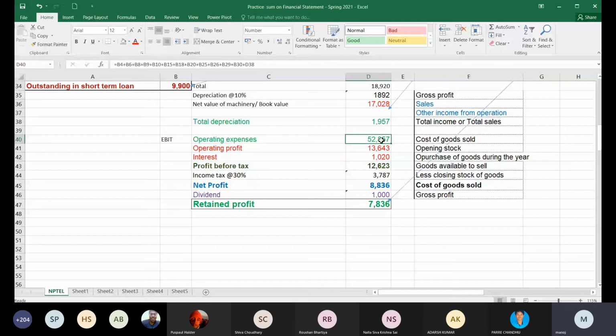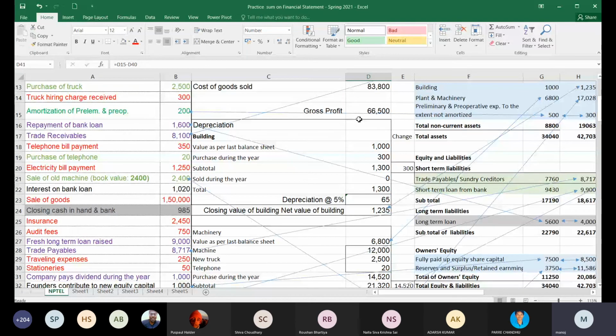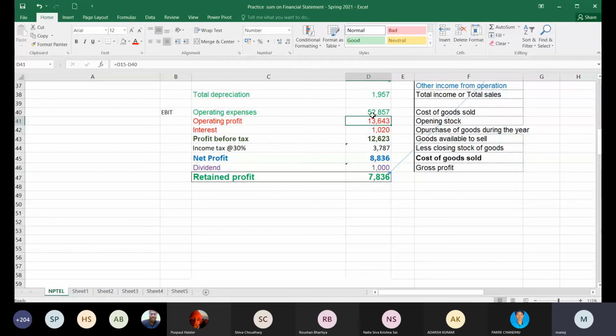Now operating profit is gross profit minus operating expenses. So what is gross profit? D15. D15 is here. Gross profit is 66,500 minus these operating expenses.